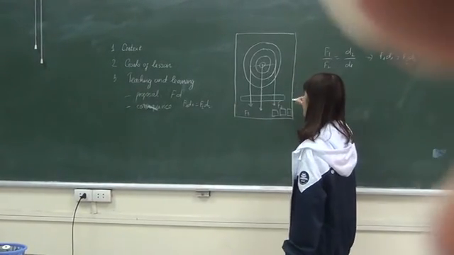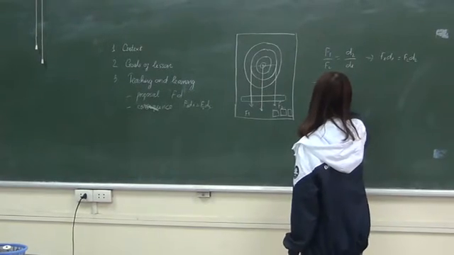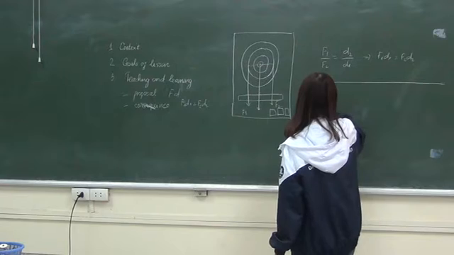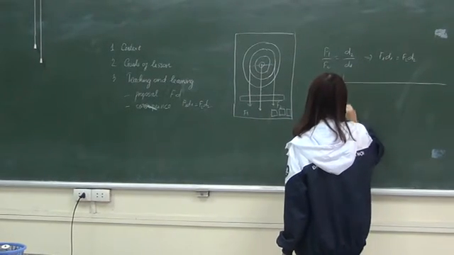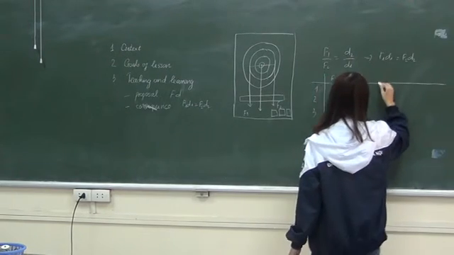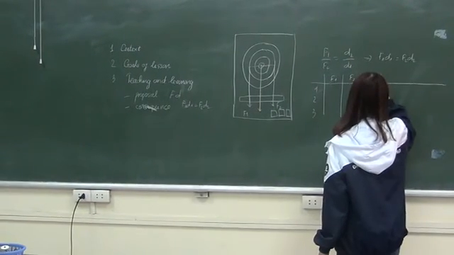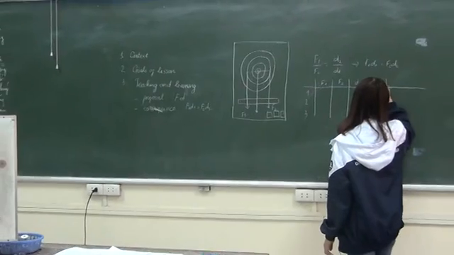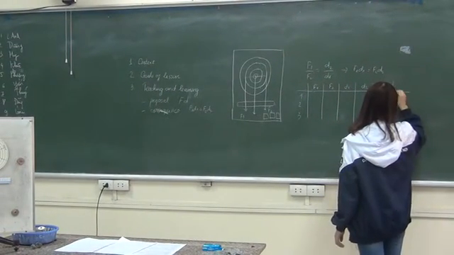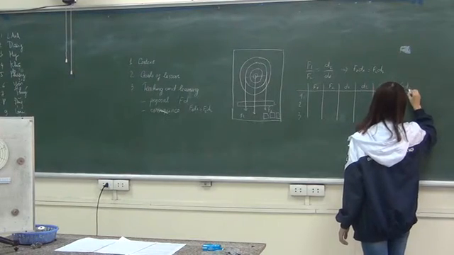Students do the experiment many times, and we have a table: 1, 2, 3, F1, F2, D1, D2, F1 D1, F2 D2.